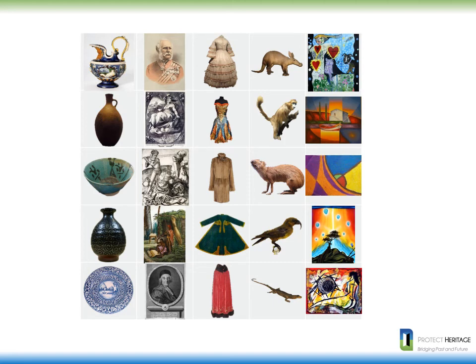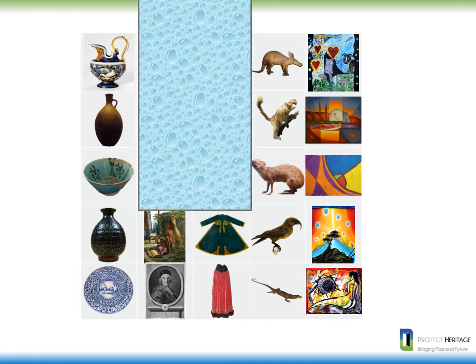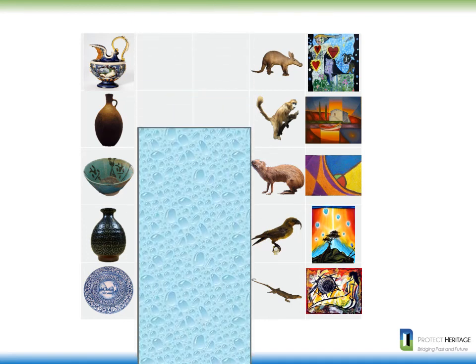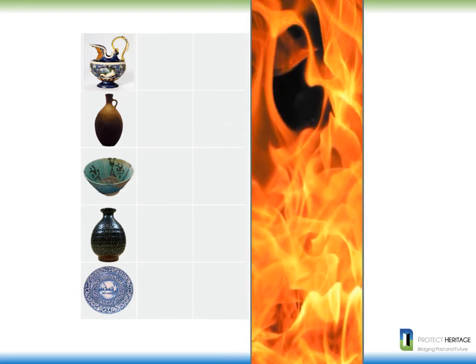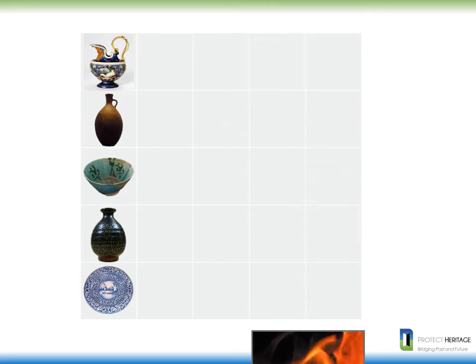In the other extreme, we might consider expecting to lose 10 objects due to flood, and then to lose a separate 10 objects due to fire. Here, the two parts are completely separate. We expect completely different objects to be lost to flood from those we expect to be lost to fire.